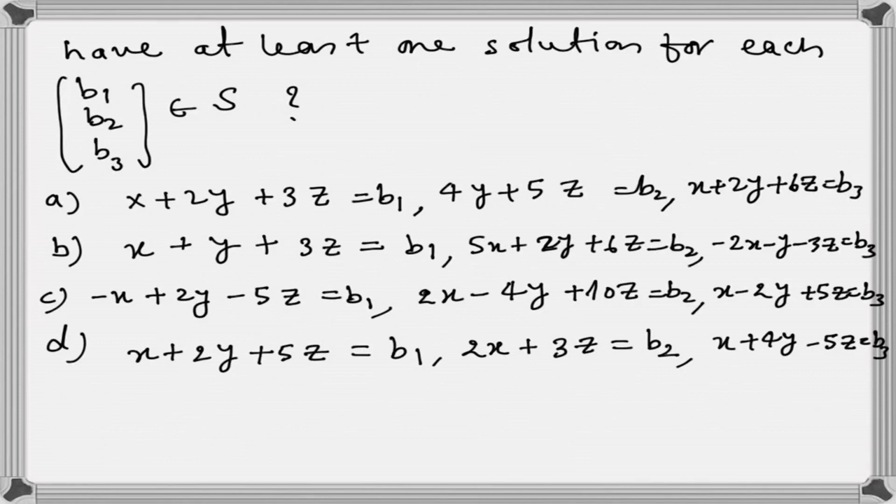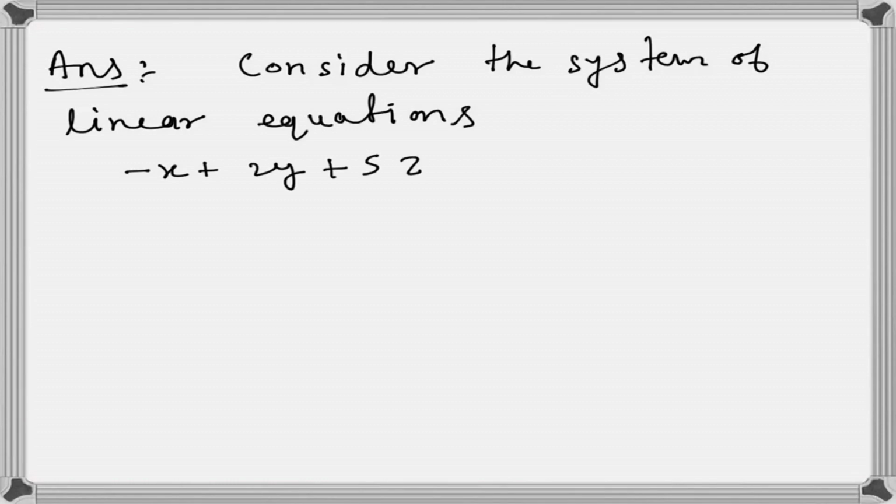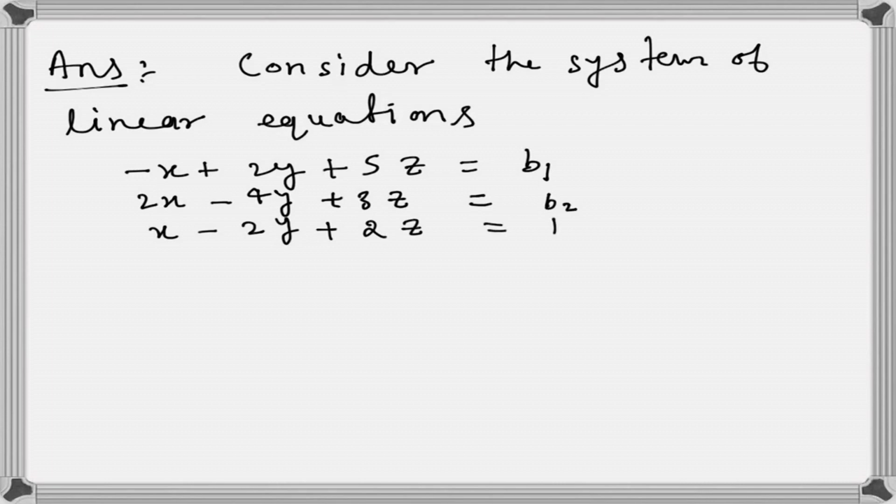So let's solve this problem. So consider the system of linear equations which is given in the question: minus x plus 2y plus 5z is equal to b1, 2x minus 4y plus 3z is equal to b2, x minus 2y plus 2z is equal to b3.